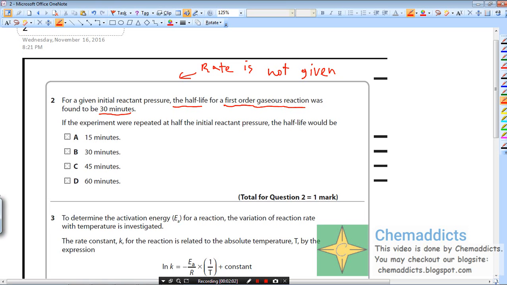Since this is a first order reaction, for a first order reaction the half-life is equal to ln 2 divided by k.